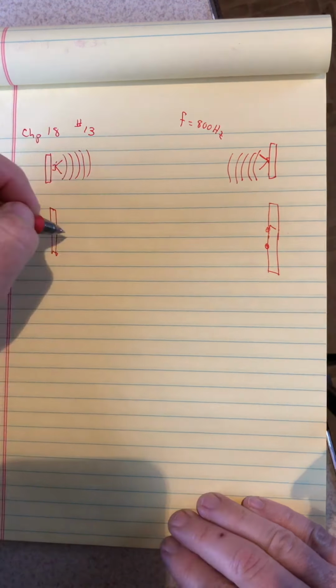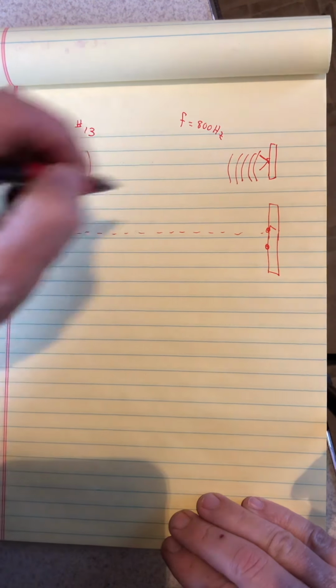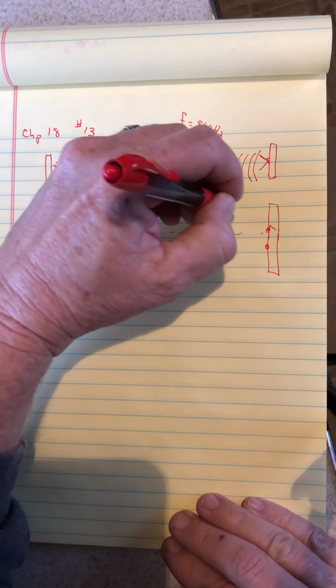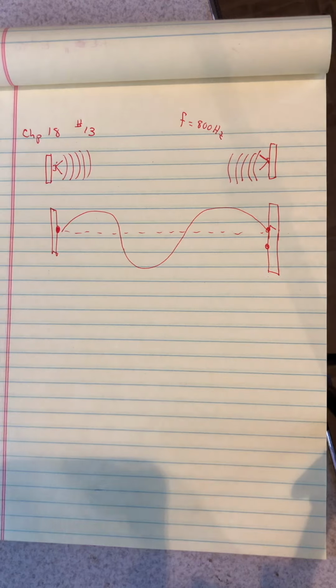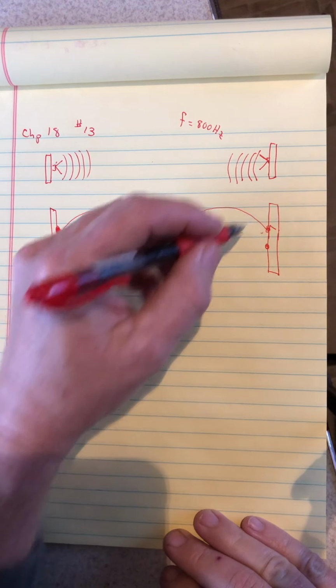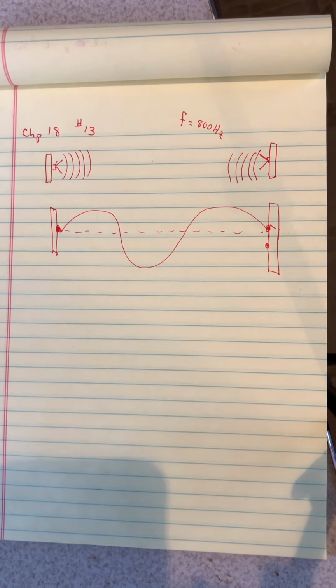Okay, and so we had something that looked more like this. And so if I make a little dotted line, maybe we got a standing wave pattern that looked like this. But what we knew in the problem was where the nodes were based upon the fact that the end was tied. Oh, or we also did the sound tubes. And the sound tubes, we knew the edges were the antinodes.